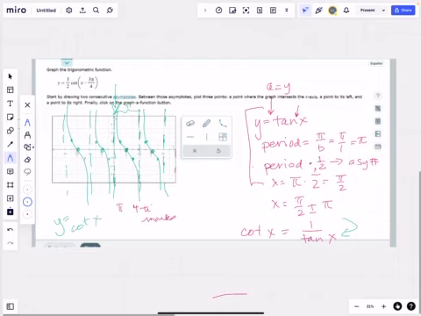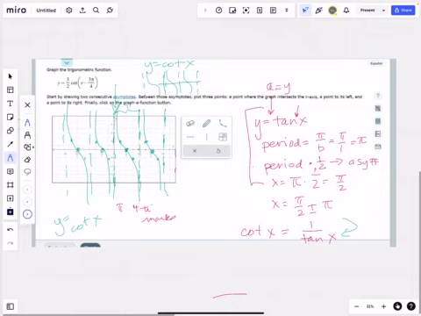What we have here in green is the graph of y equals the cotangent of x. A couple of things to remember. For y equals the cotangent of x, we have asymptotes on the y-axis and pi units to the right and to the left, and a function that decreases.